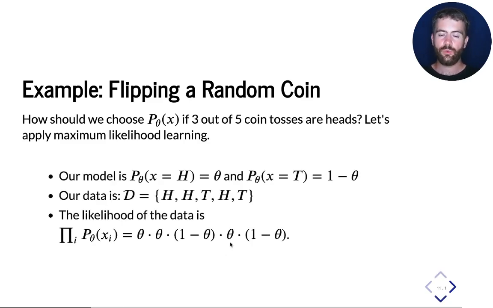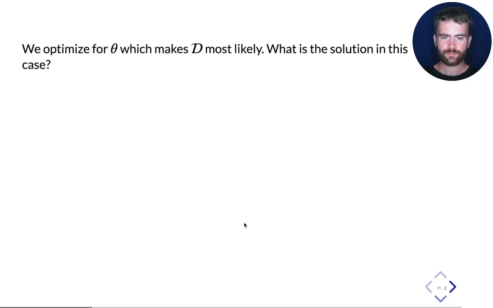So we can assume a particular probabilistic model, which is the following. It only has one parameter, theta, which is the probability of falling heads, and the probability of the coin falling tails is 1 minus theta. Our data set is 3 heads and 2 tails, and the likelihood of the data is simply the following by the definition of our model.